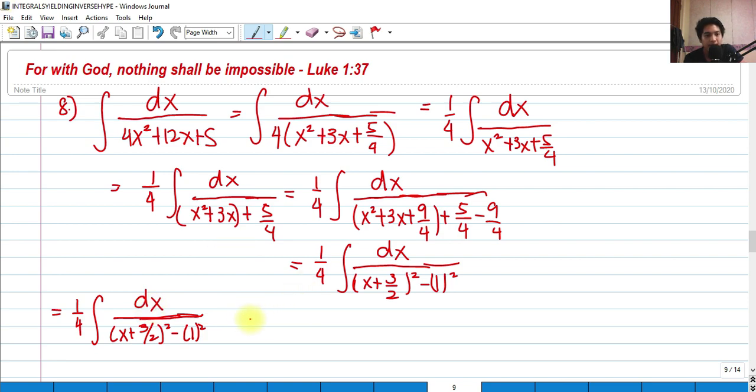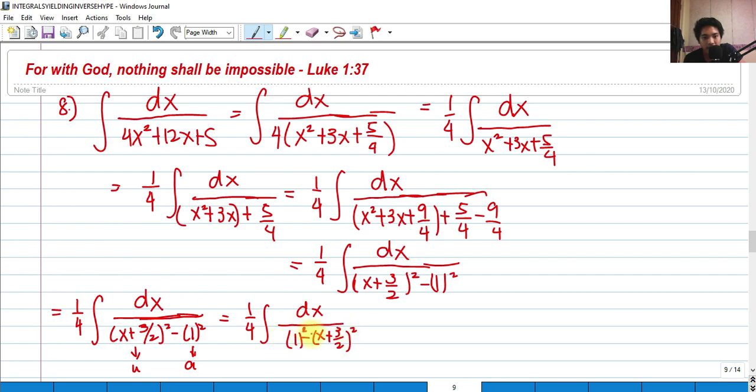So we have the u and we have the a. But then, again, just like what we did from the previous problem, a should come first. So what we are going to do here is that we have 1/4. According to our formula, a should come first. So we have 1 minus x plus 3 halves squared.